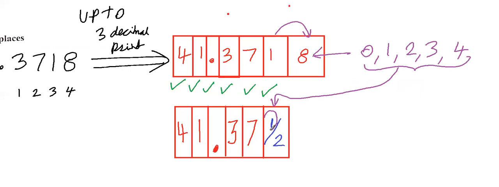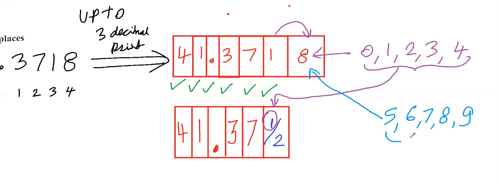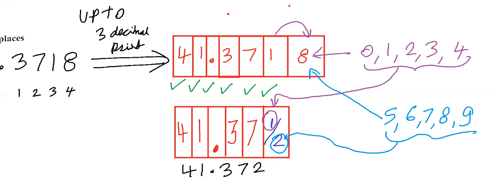But if the number in this box is 5, 6, 7, 8 or 9, then 2 should come here. So my answer, rounding off up to 3 decimal points, will be 41.372. This will be my answer.